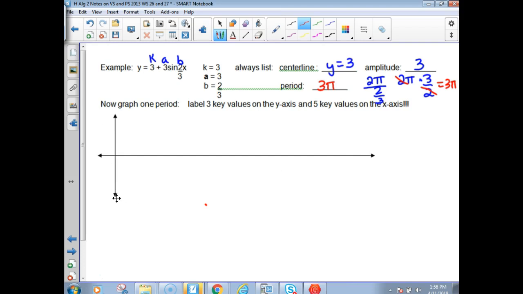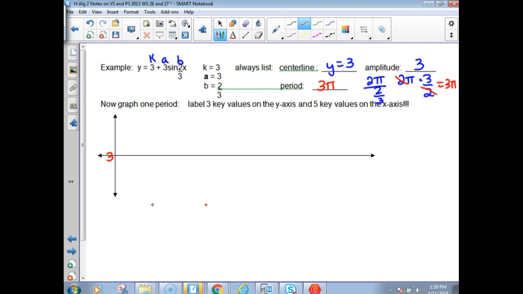Because it's actually shifted up 3 from the x-axis, and then the amplitude's 3, so we'd have to go 3 above there, and that would kind of mess things up. So here's what I'm going to do. This time, and the rest of them, I'm going to put 0 here, okay? I'm going to let you put 3 on just this time. Now, that is not the x-axis, and the x-axis is where you label things, okay, not on your center line.